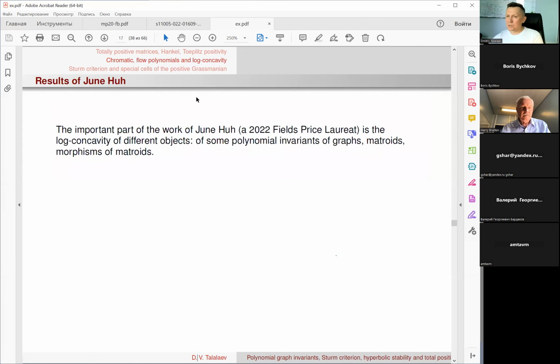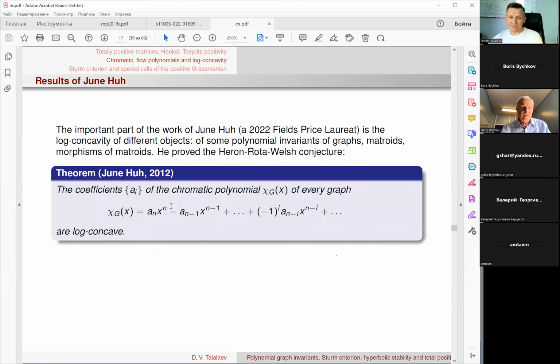Another aspect of total positivity. The important part of the recent work of Huh is the log concavity of very different objects: polynomial invariants of graphs, matroids, and morphisms of matroids.